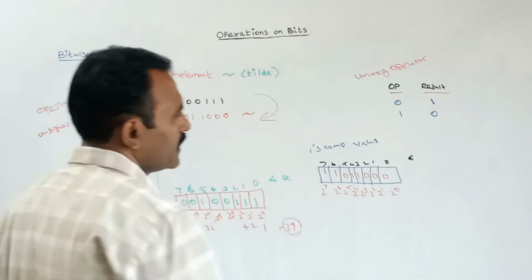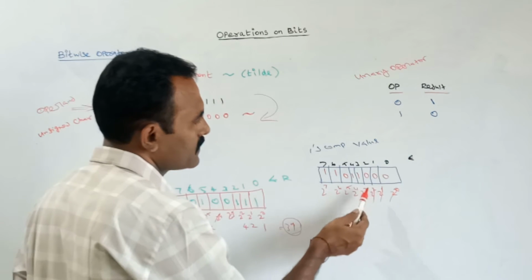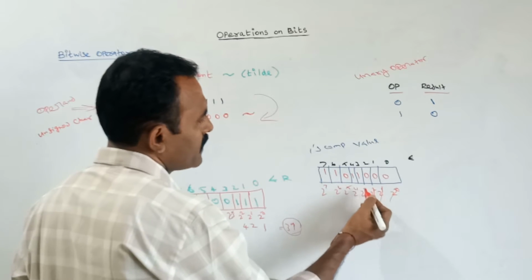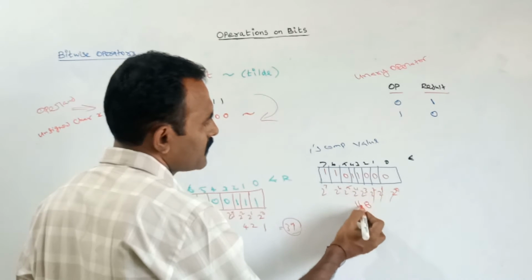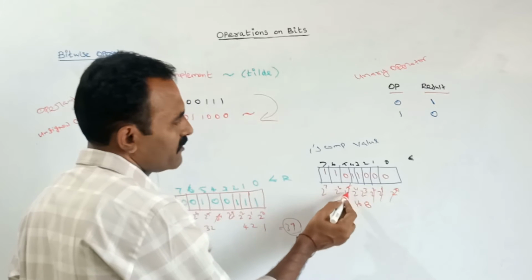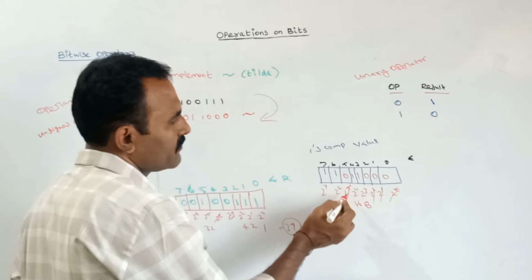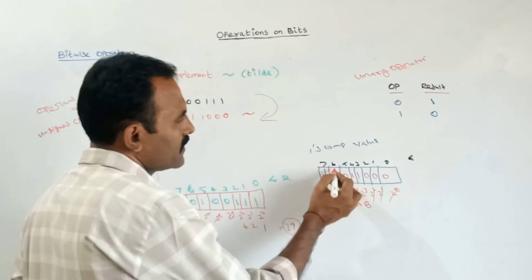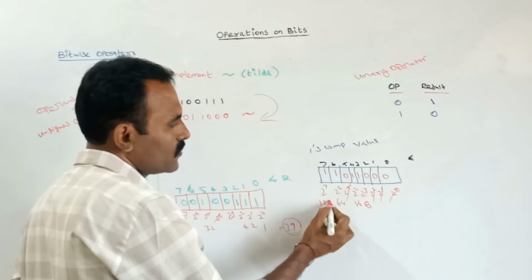The zero bits we need not compute, because anything multiplied by 0 is 0. Here 2 to the power 3 is 8. Next, 2 to the power 4 is 16. Then 2 to the power 5 we need not find, because this bit value is 0. We should find 2 to the power 6, which is 64, and 2 to the power 7 is 128.